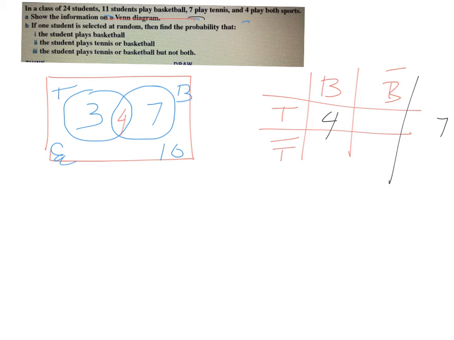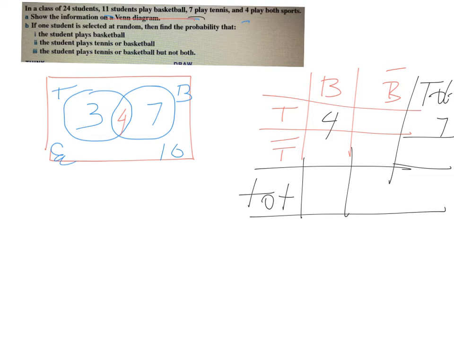So I'll put total here, and I'll do total here as well. Okay, and we should have 24 over here. Now for basketball, it tells us that 11 students play basketball, so we've got 11 there.